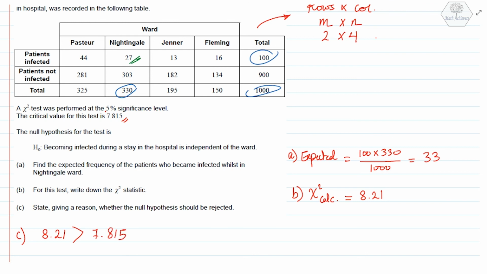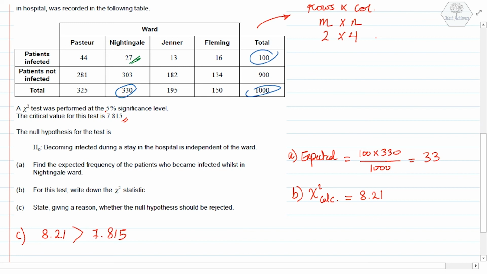And because of this, since the chi-squared calculated is greater than the chi-squared critical value, we need to reject H0, which means we accept the alternative hypothesis, which means that becoming infected during a stay in the hospital is dependent on the ward, or we can say it is not independent of the ward.